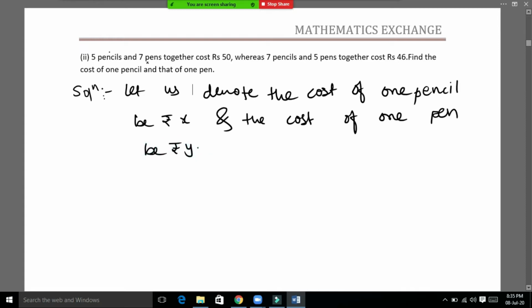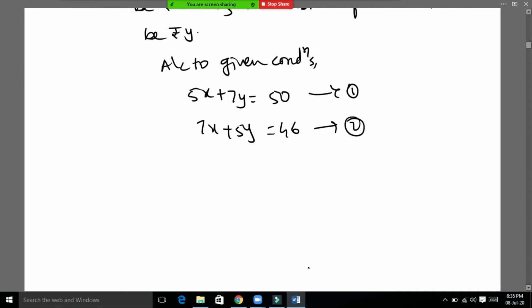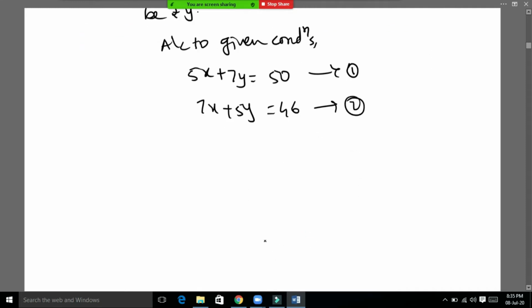So 5 pencils and 7 pens. The cost of 1 pencil is x, then the cost of 5 pencils is 5x. So according to the given condition, 5x plus 7y is equal to 50. This is your first equation, and 7x plus 5y is equal to 46. This is the second equation. Now we have to find the solution graphically.